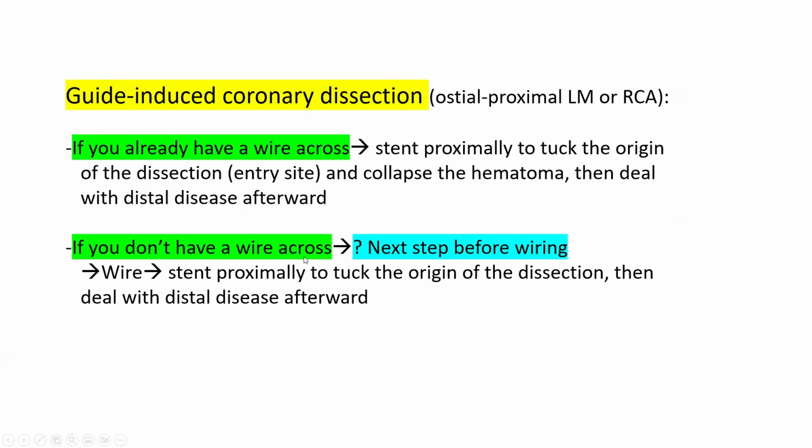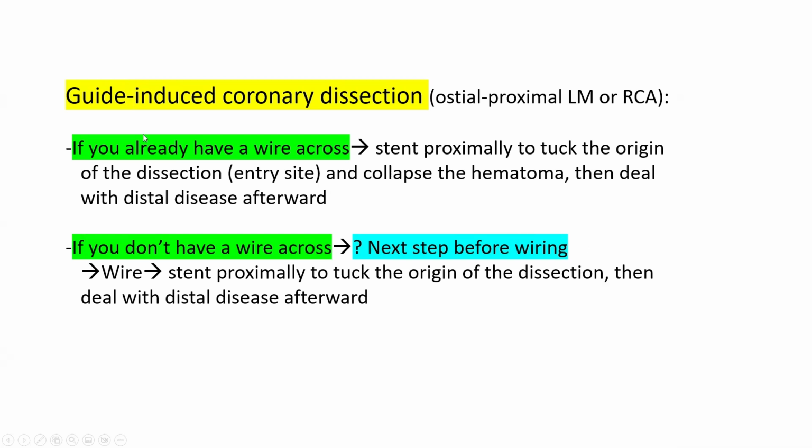If you don't have a wire across, that's a bigger problem. You need to do one thing, a next step before wiring, then you wire, then you stent proximally to tuck the origin of the dissection, then deal with the distal disease afterward. And I will discuss what that next step before wiring is.